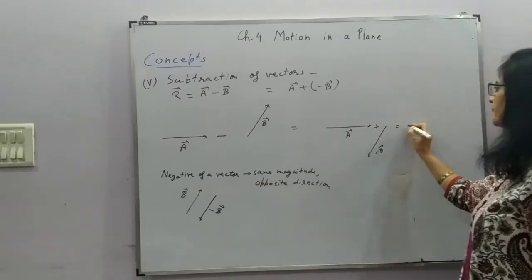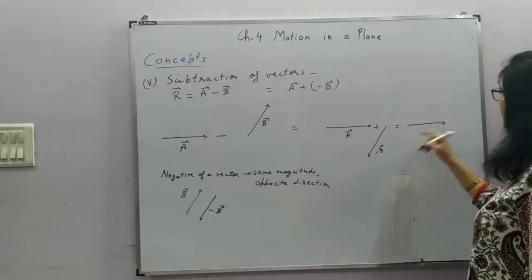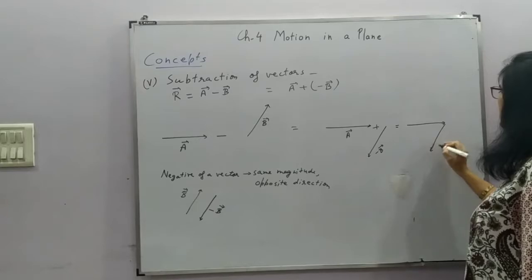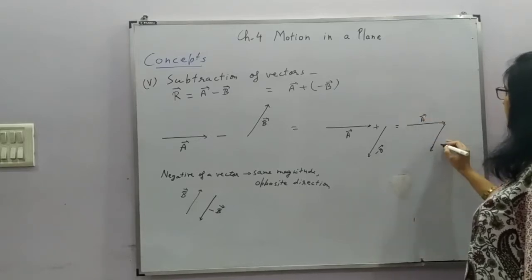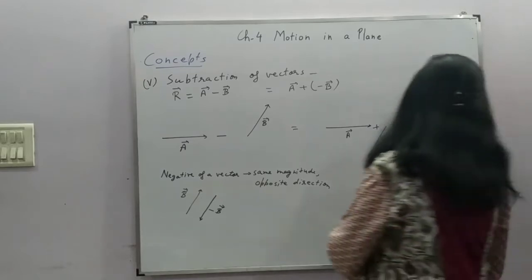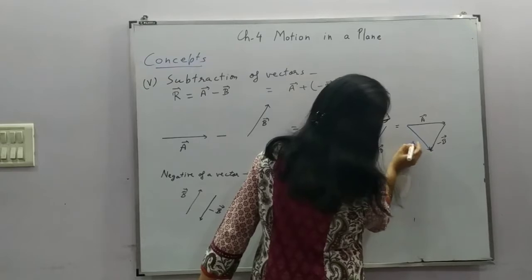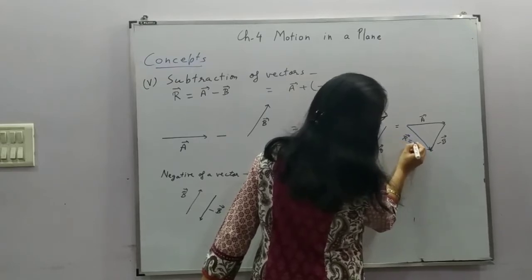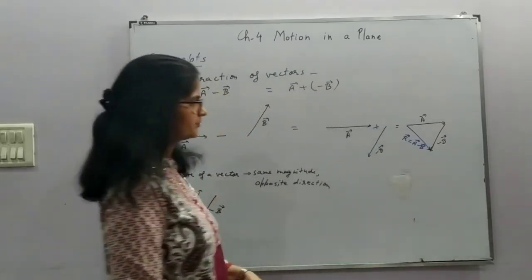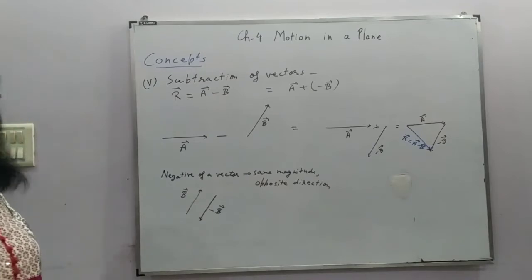How to add? We know that we attach the head of one with the tail of the other. So head of A vector and tail of minus B vector will give us the resultant like this. So this resultant is A vector minus B vector. Hope this is clear.